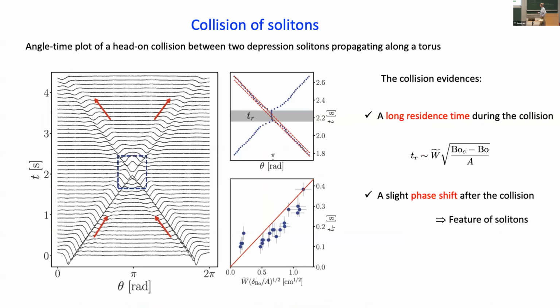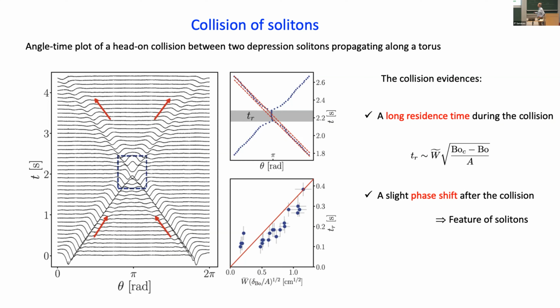And we can also try to make a head-on collision between two depression solitons along the torus. So you can see here an angle-time plot, and in this domain here there is the interaction, which is enlarged here.